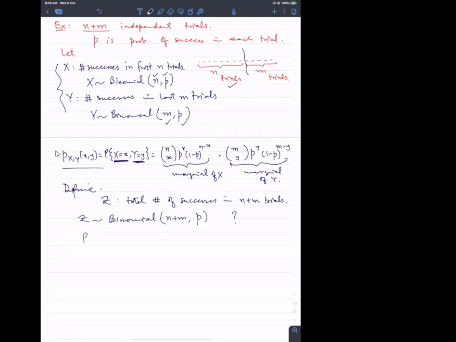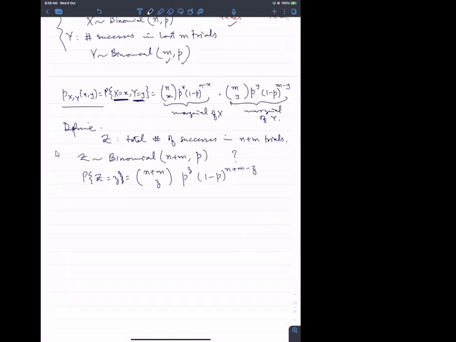Okay. So probability z takes a value small z is equal to n plus m choose z, p power z, 1 minus p, n plus m minus z. ये binomial की definition.